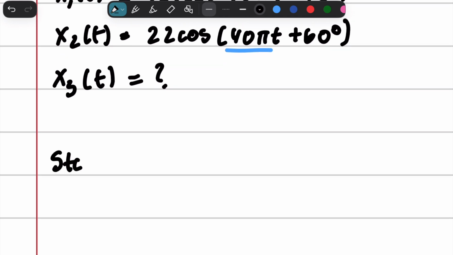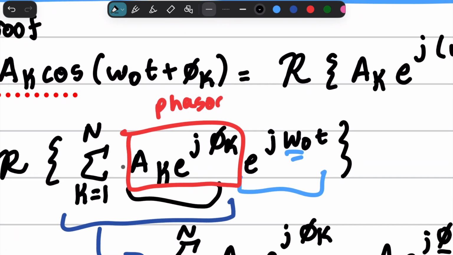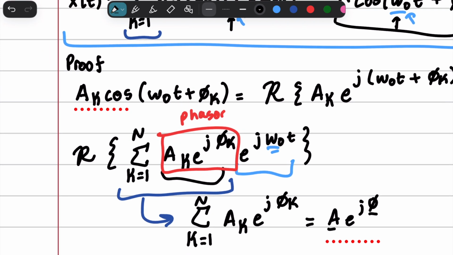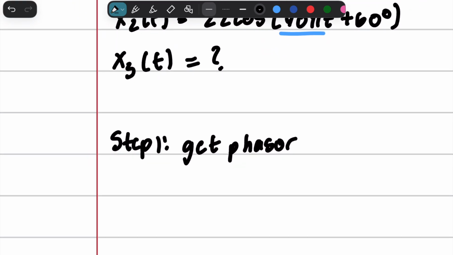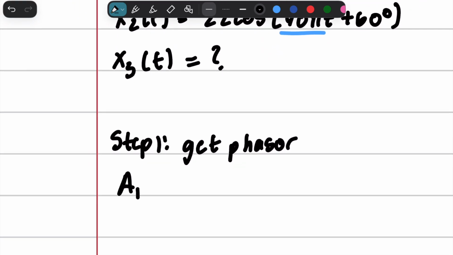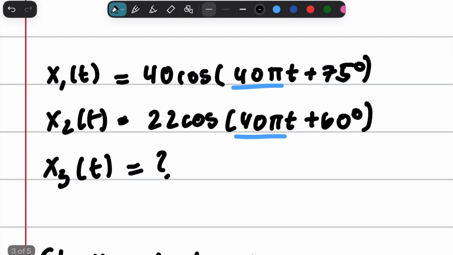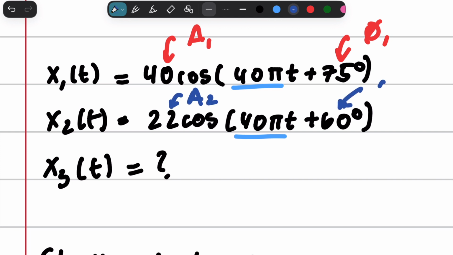So the first step is to get the phasor. Recall that the phasor is just this part, so we just need our a sub k and our phi sub k. So a1 e to the j phi 1: this right here is a1, and this right here is phi 1, and this is a2, and this is phi 2.